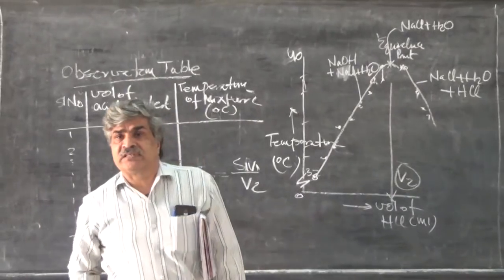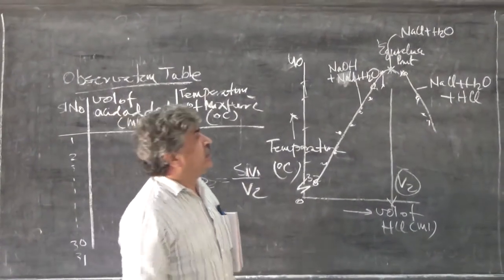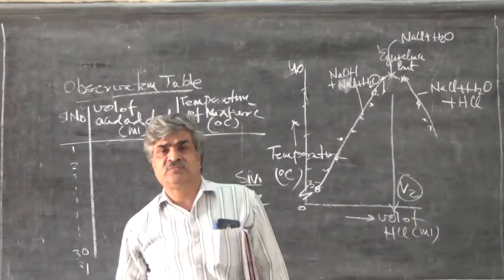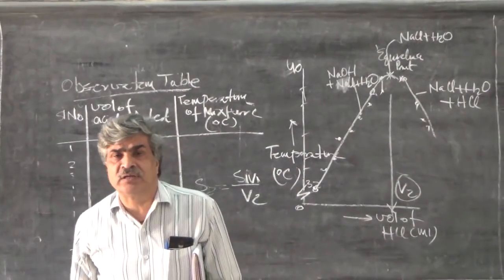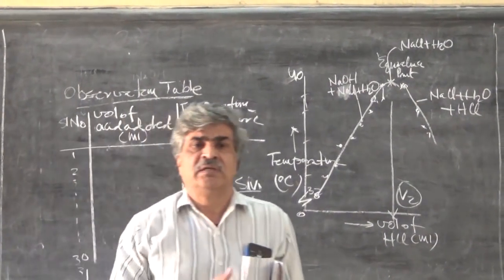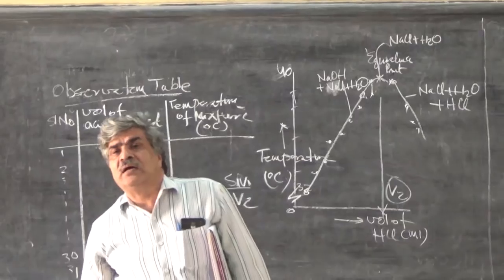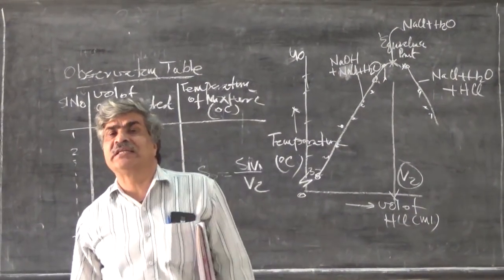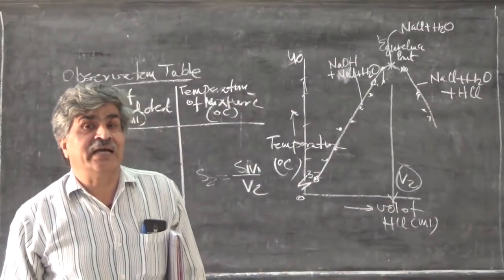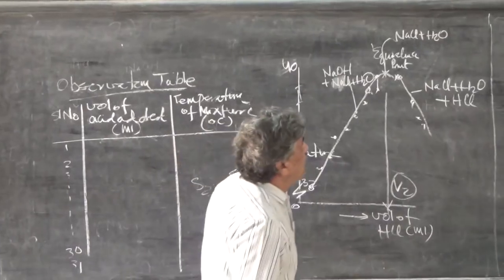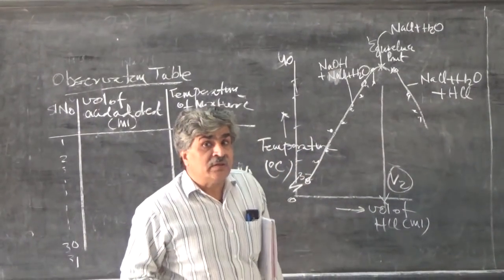So if I ask a question, what will happen if you start adding another solution of the same temperature other than hydrochloric acid, with no chemical reaction, a liquid that has to be indifferent and should not react with the reaction mixture? So what will happen? I think you can make it out.